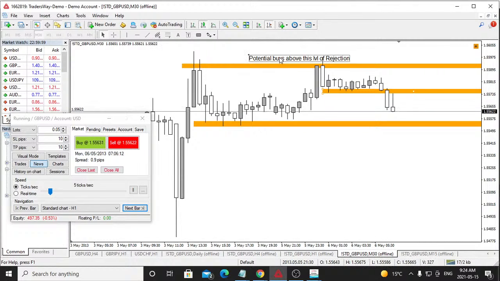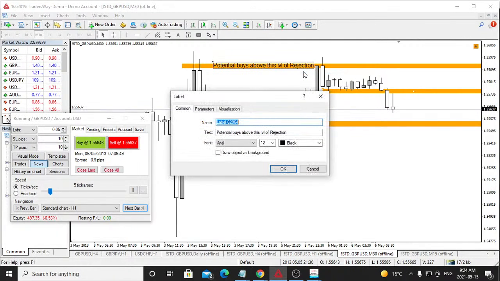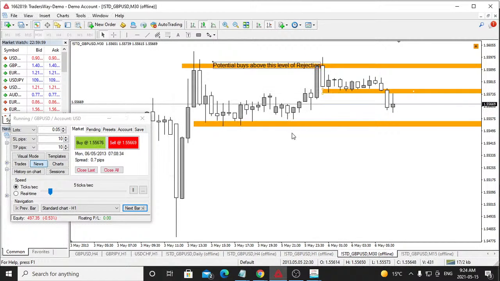So I'm looking for potential buys above this level of rejection. It is selling right now, but it's not in a level where I want it to sell through. I think it has a better chance of going through this here. So that's what I'm waiting for.